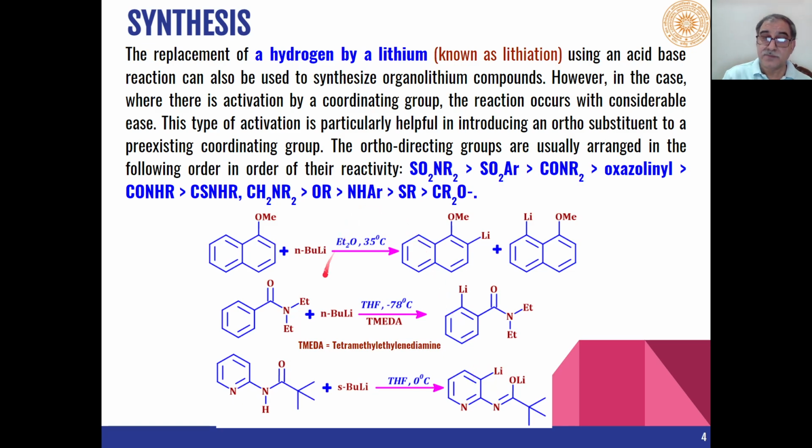And these groups are very much needed for the ortho-lithiation of these aromatic systems, and the order of reactivities of these different groups is like this: sulfonyl imides, then sulfonyl aryls, N,N-dialkylamide, oxazolines, then secondary amides, then thioamides, then tertiary amines, ethers, NHAr, thioethers, and carboxylates.